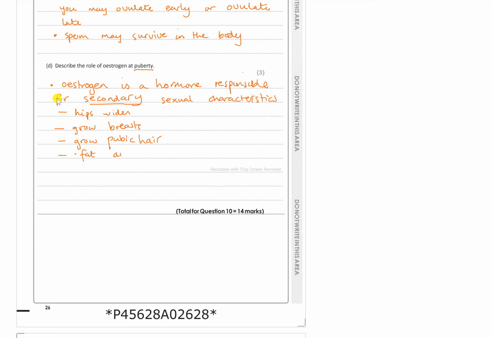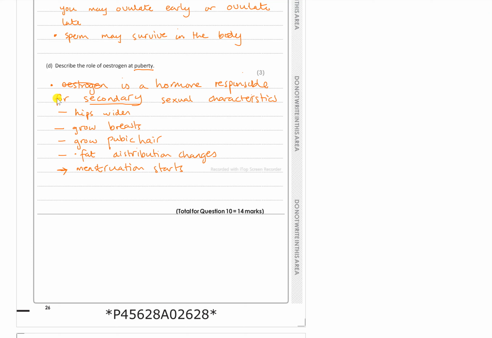The fat distribution changes, and menstruation starts. This is an indication that puberty's happened, and a woman will then be ready for becoming pregnant.